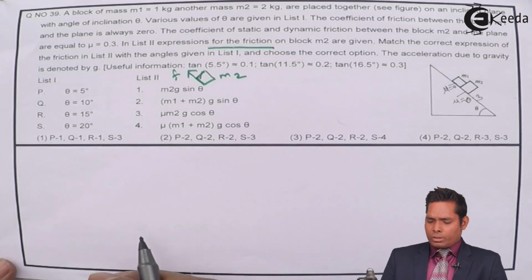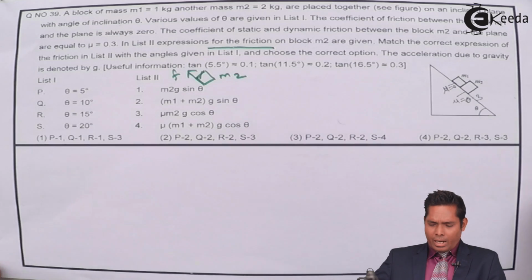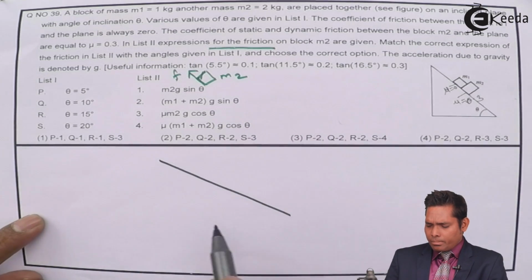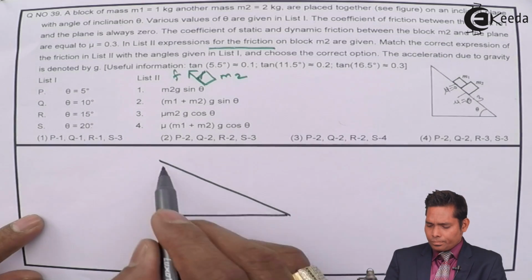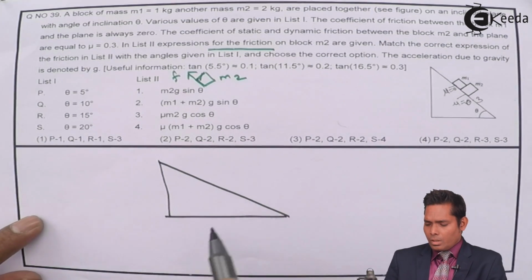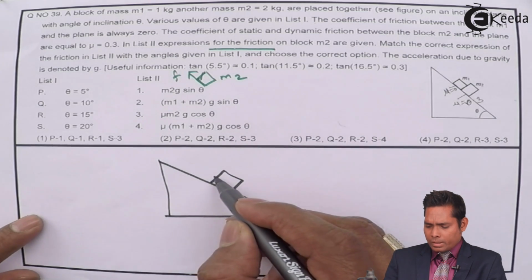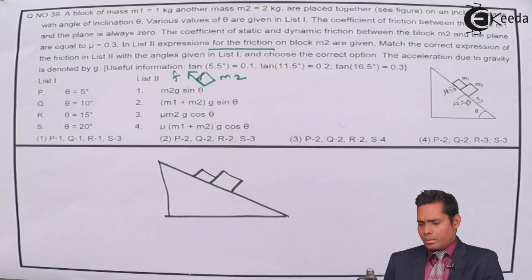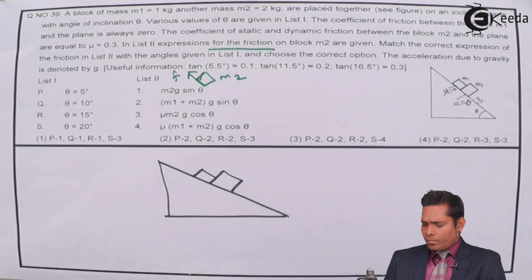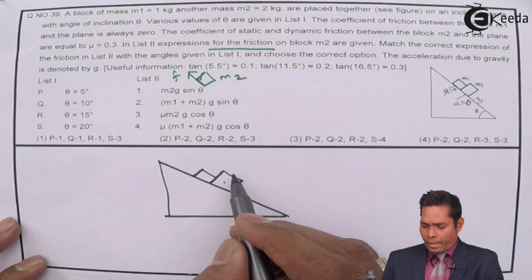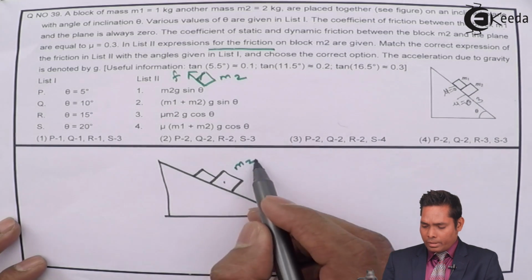So we have to first understand that in case of an inclined plane system, if a block is kept here and the smaller block is kept here, then this is obviously M2 and this is M1.